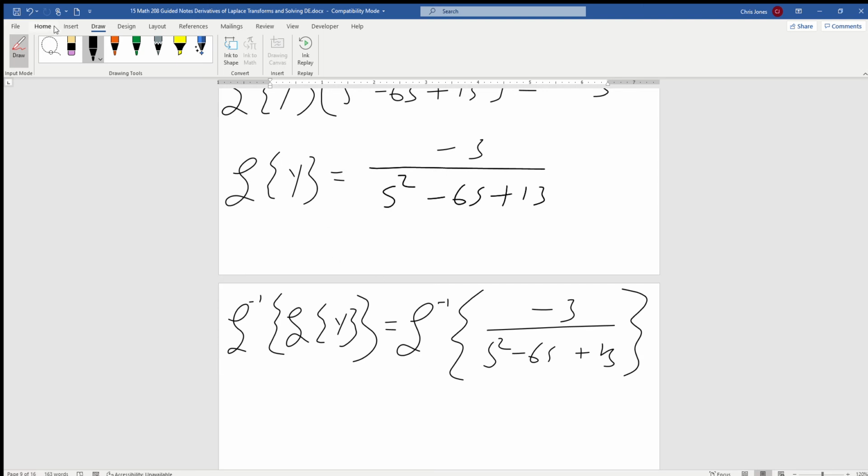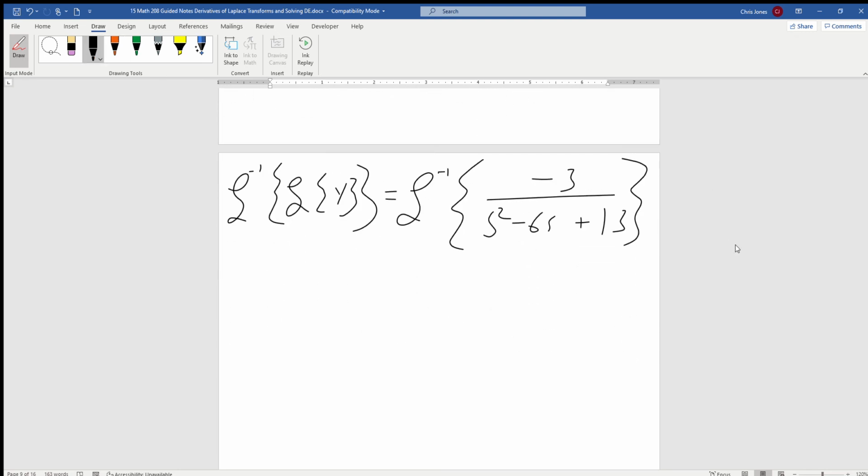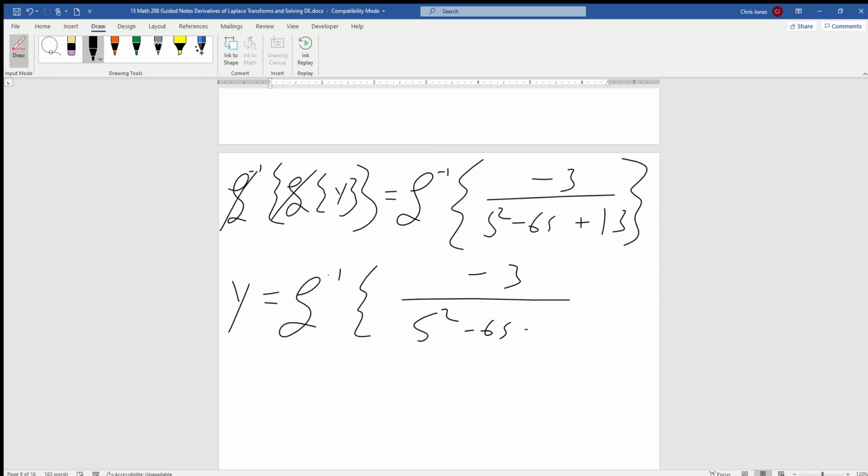Right? Now, how do we take the inverse Laplace of that right-hand side? Well, there's lots of techniques that we can use that are at our disposal. Now, on the left-hand side, that's just going to be y. So we have y is equal to inverse Laplace of negative 3 over s squared minus 6s plus 13.